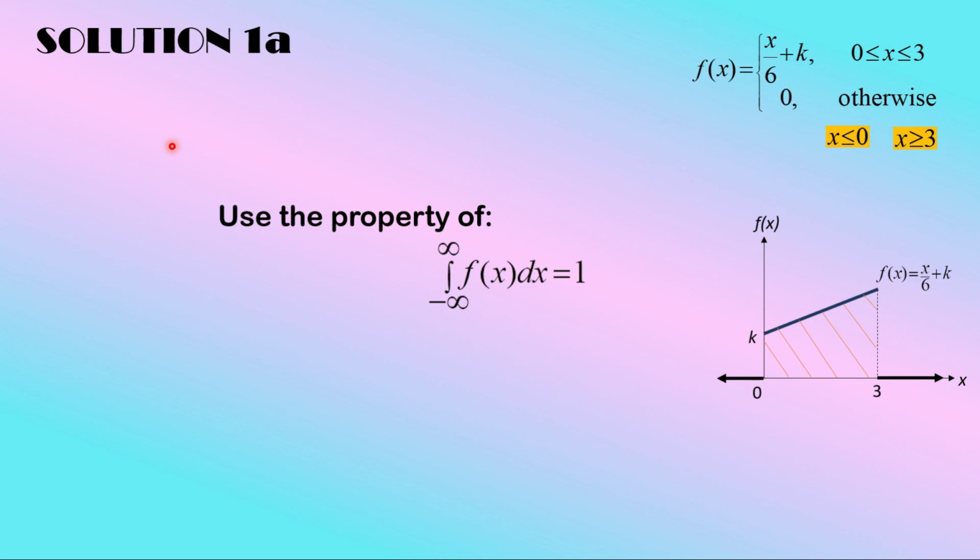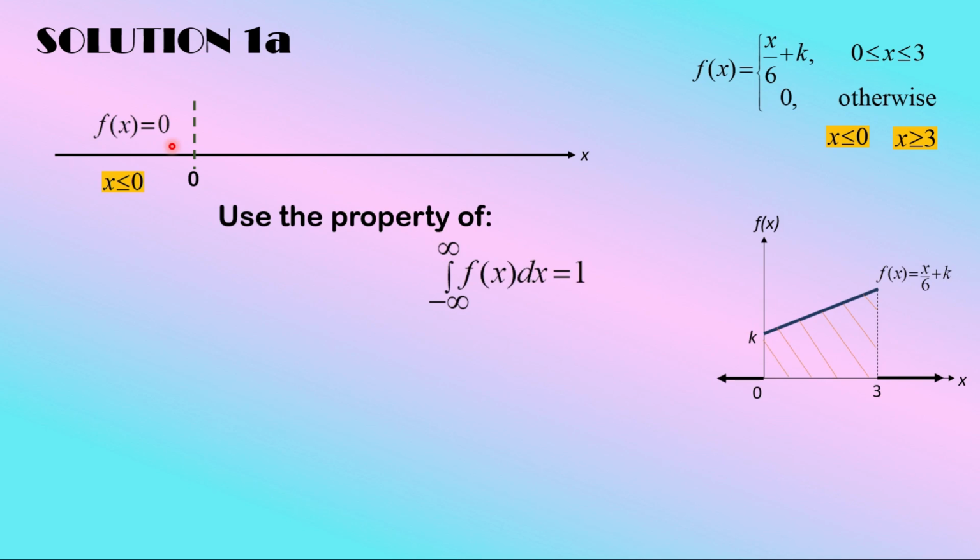I will use the real number line to help me in solving these questions. This real number line represents the PDF in its intervals of x. For f(x) equals 0, it's in the interval x less than or equal to 0.